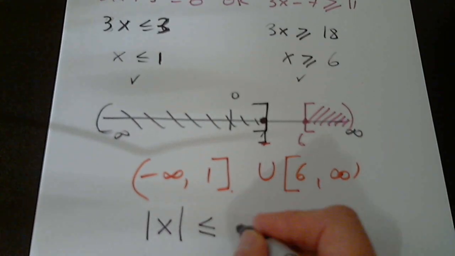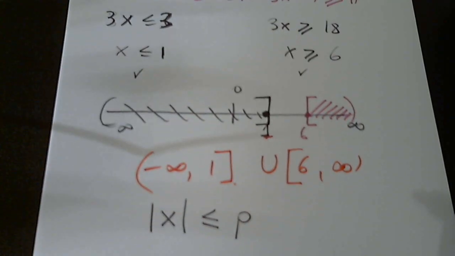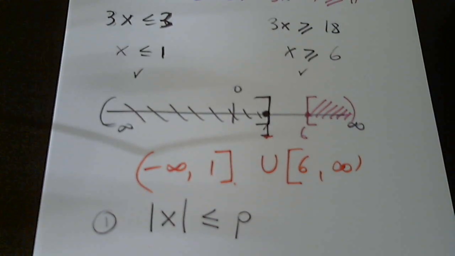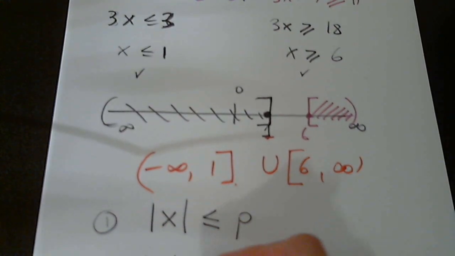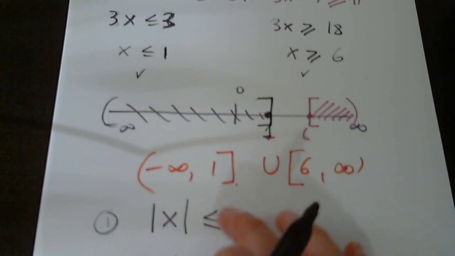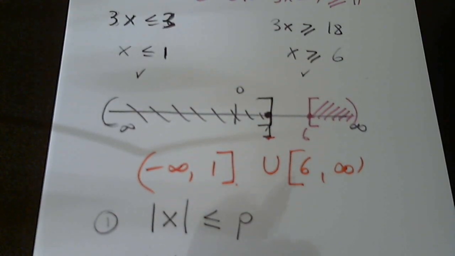I'm going to call that number p. This is one type of absolute value inequality. And there is another. The absolute value of x greater than or equal to p. Of course, it can be just less, it can be just greater than, but I put the whole thing in there. So there are two types.